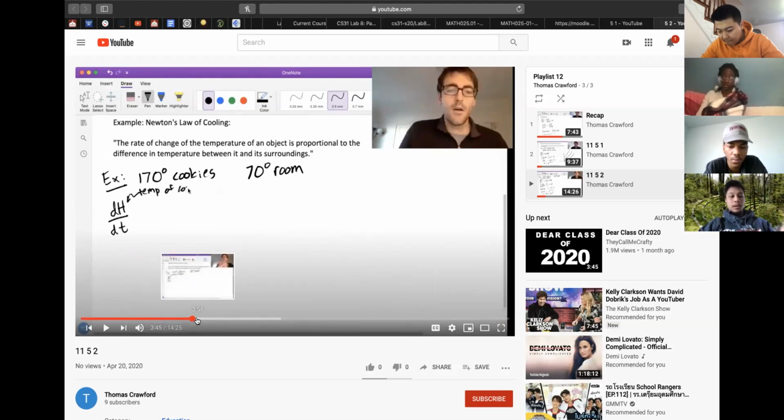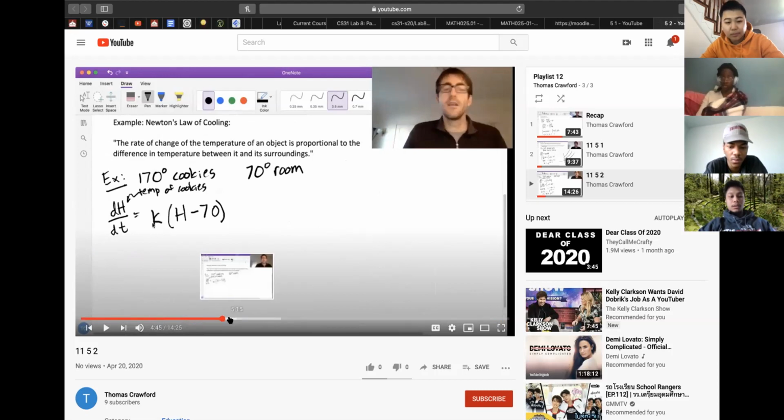So the rate of change equals the change in temperature. H represents the original temperature, and 70 is the final value. That is the change of temperature based on Newton's law of cooling to find the rate of change.